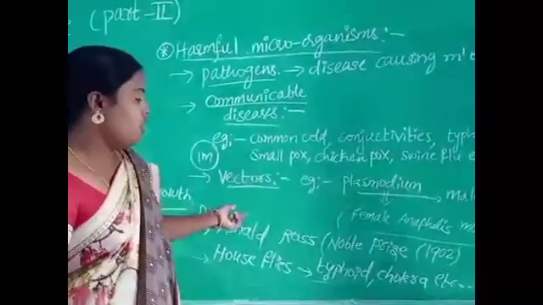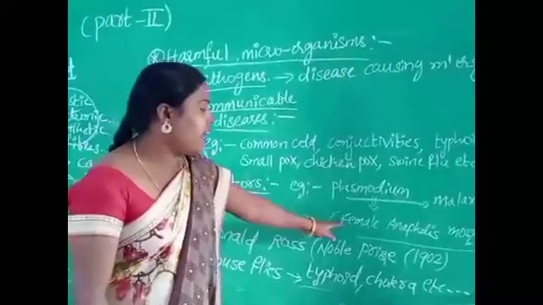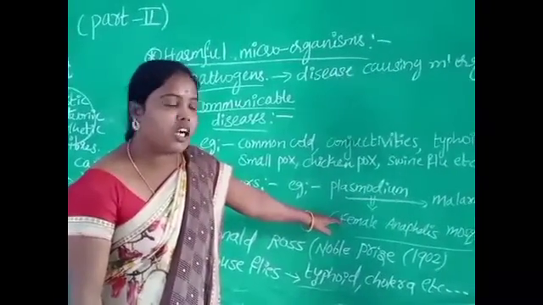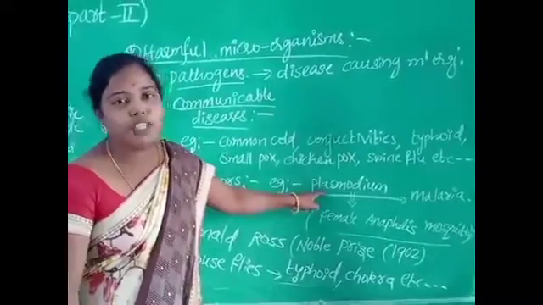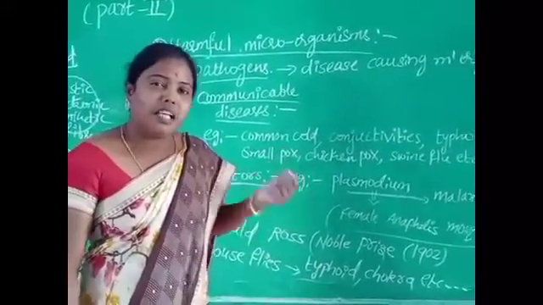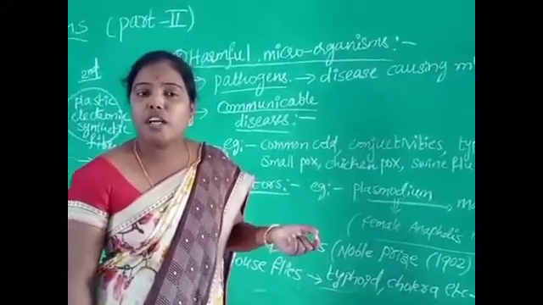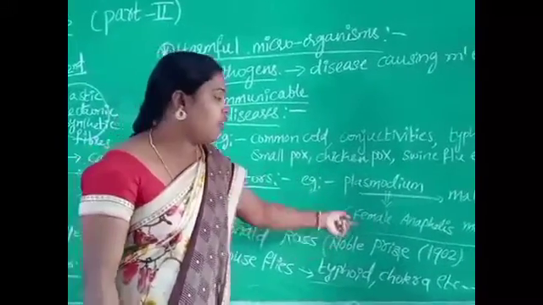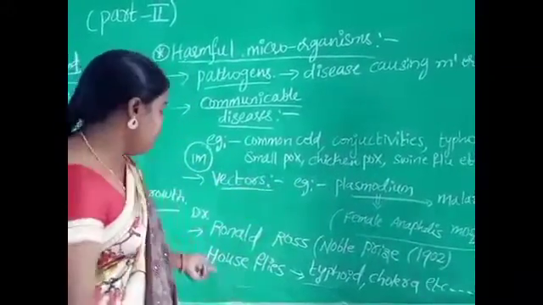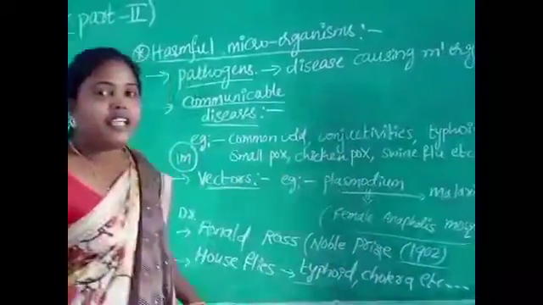Dr. Ronald Ross discovered that the female Anopheles mosquito carries the disease causing microorganism Plasmodium, which causes malaria. For this discovery, Dr. Ronald Ross got the Nobel Prize in the year 1902.